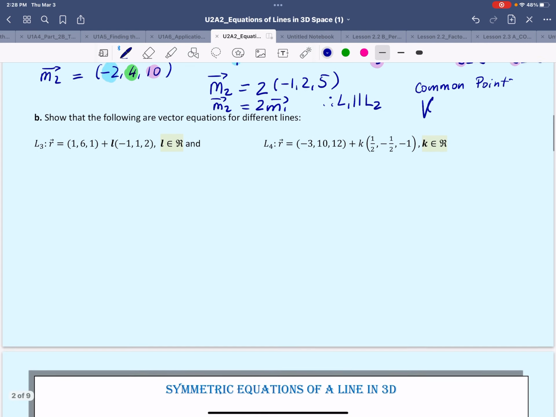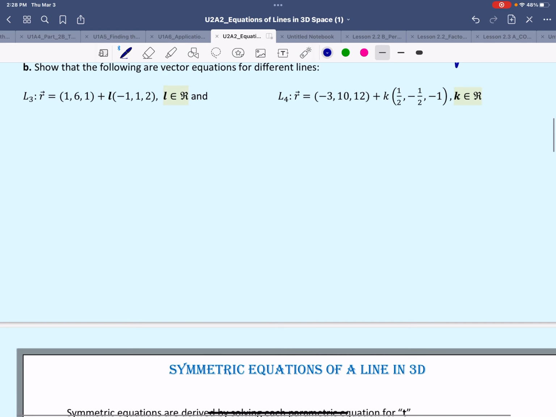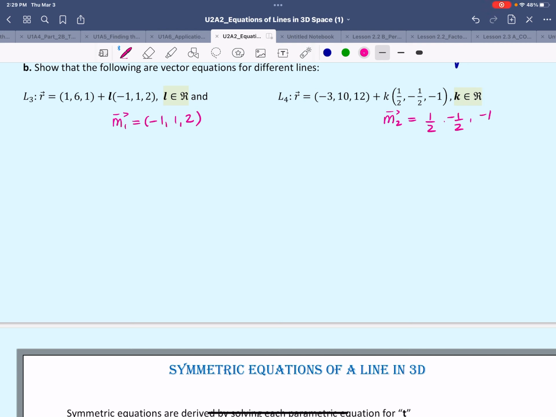So in the next example, we have again a similar situation, and we have to check and see if the two lines are coincident or not, or equivalent or not. Again, we're going to start off with the direction vectors. Direction vector M1 here is (-1, 1, 2). Direction vector M2 here is (1/2, -1/2, -1).